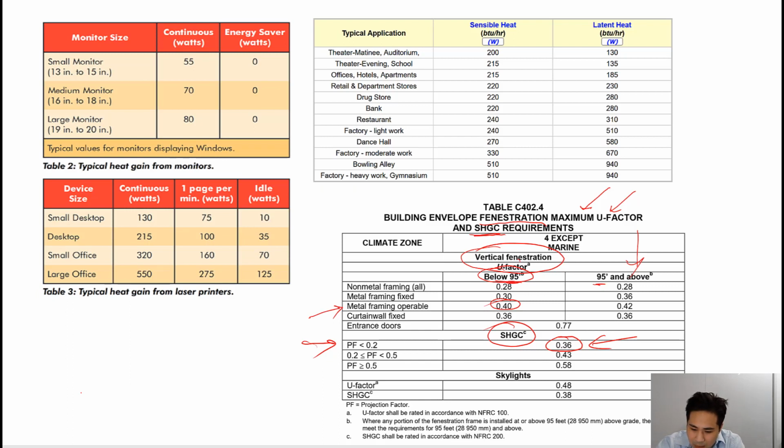For the skylight, let's assume that the architect has never given us any type of model number to use for the skylight. When calculating the heat transfer in the building, we are going to use the U factor and the solar heat gain coefficient that is allowed per energy code. We're going to use a U factor of 0.48 and a maximum solar heat gain coefficient of 0.38.